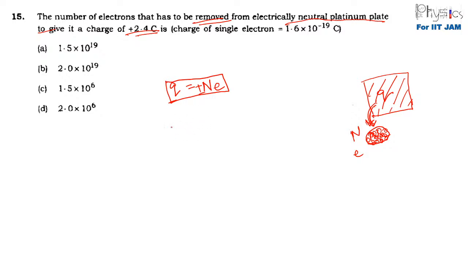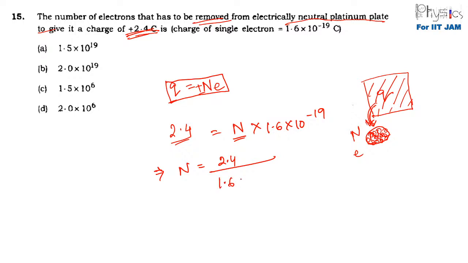So Q equals 2.4, this is the total charge, right? 2.4 equals n times the charge of a single electron, that means 1.6 times 10 to the power minus 19 coulomb. That means we have n equals 2.4 divided by 1.6 times 10 to the power minus 19.